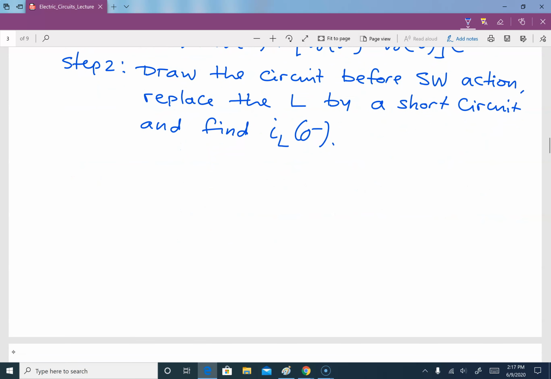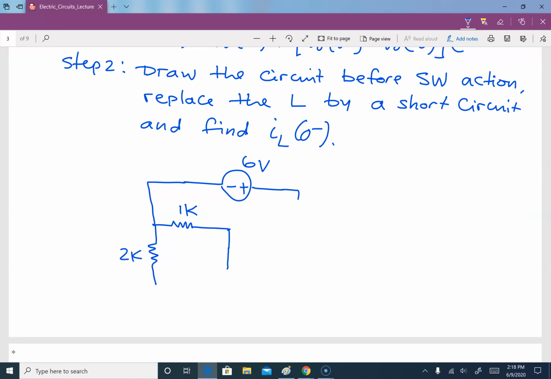So our circuit for this step has positive 6 volts, 2K, 1K, and this is where our switch is.